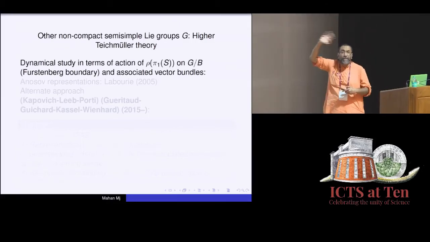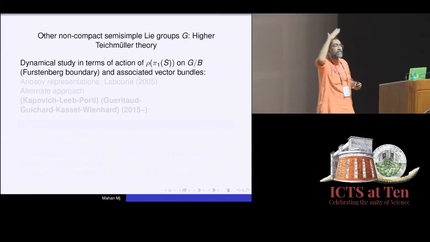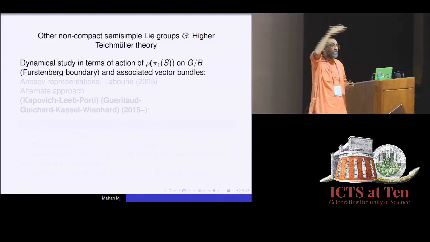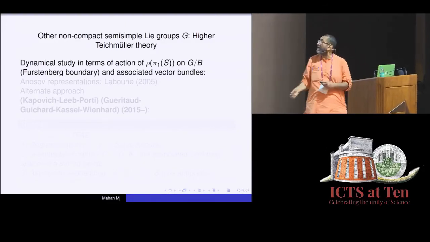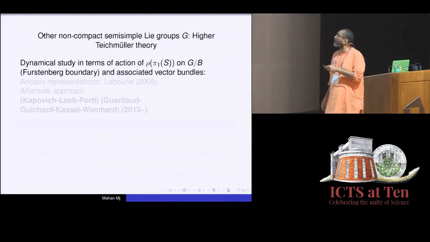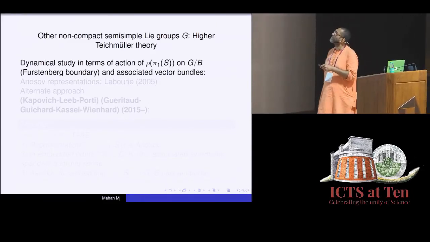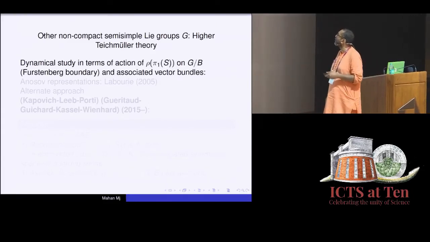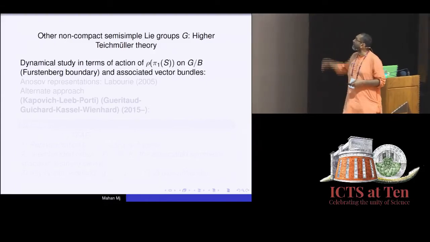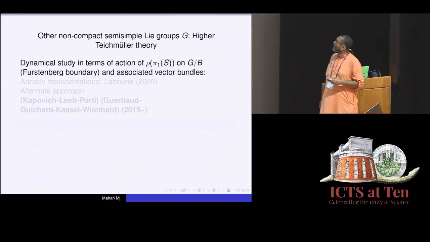But the right space to look at, as you might have guessed, is SLNR mod upper triangular or SLNC mod upper triangular. That's called the Borel subgroup, and you look at this compact space, which has a nice geometric interpretation, G mod B. In ergodic theory, that's called the Furstenberg boundary.